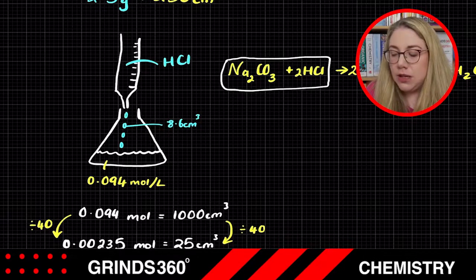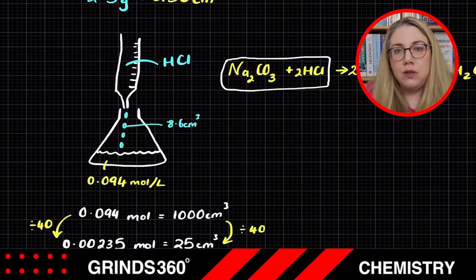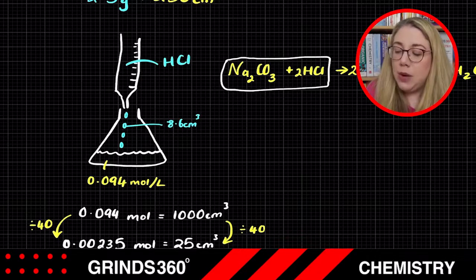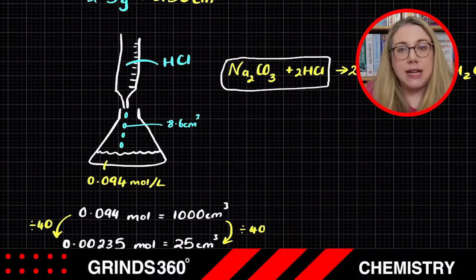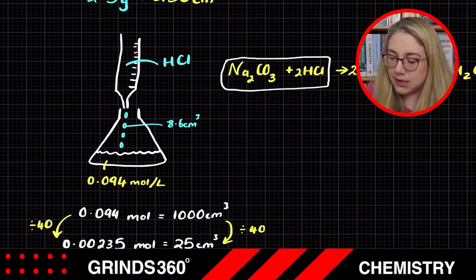Now, when you did stoichiometry or moles with the limiting reagent, you would have learned from other reactions that usually one reactant is in excess and the other one is the limiting reagent. When you have a titration, they are both the limiting reagent. That's why your teacher probably made sure that you're going drop by drop by drop. It's like watching paint dry, I know, when you're adding the acid from the burette, because you don't want to go too far and add too much liquid into the conical flask.